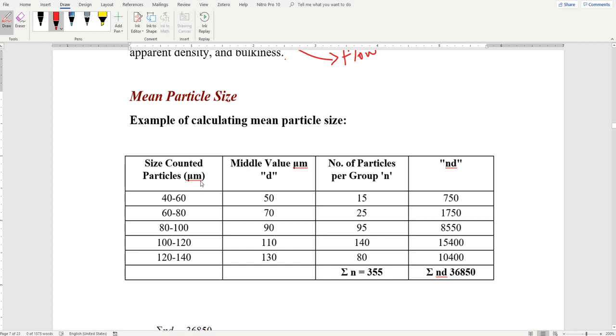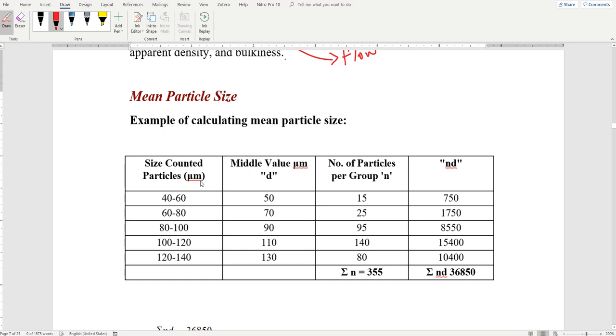Of course, you know that when you want to look into something using the light microscope, you take the slide, you put the sample, and then you look through the microscope. Now, in order to measure the size, you will need what we call a graticule. You need to insert a graticule in the eyepiece.